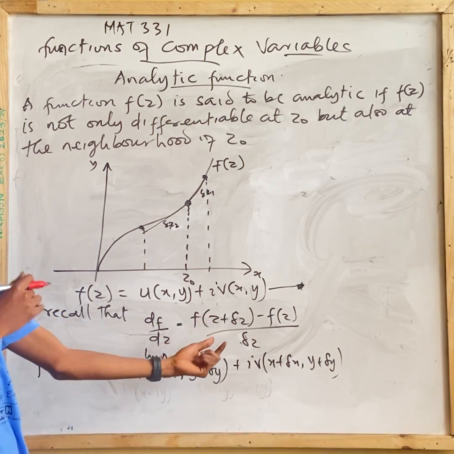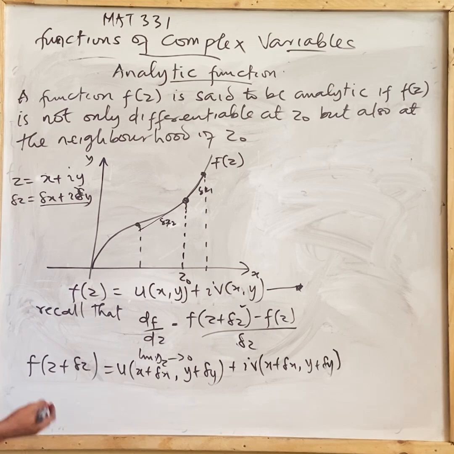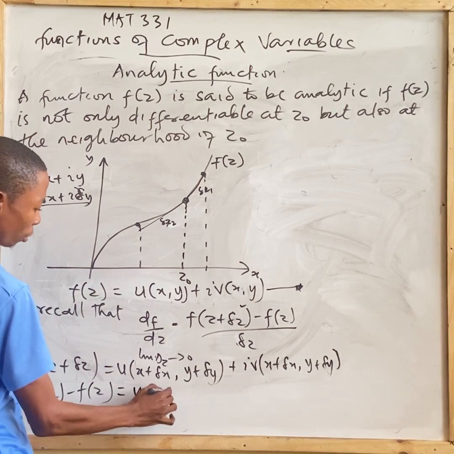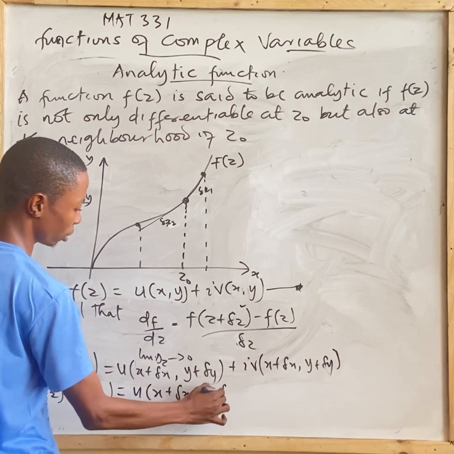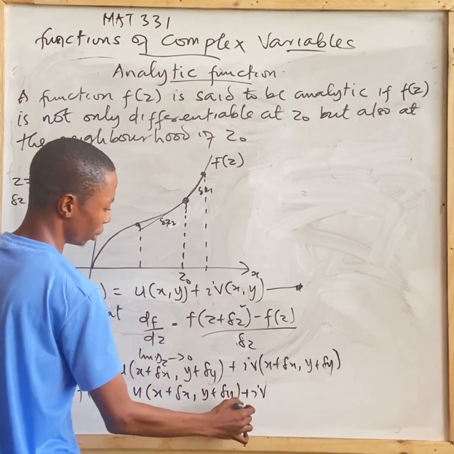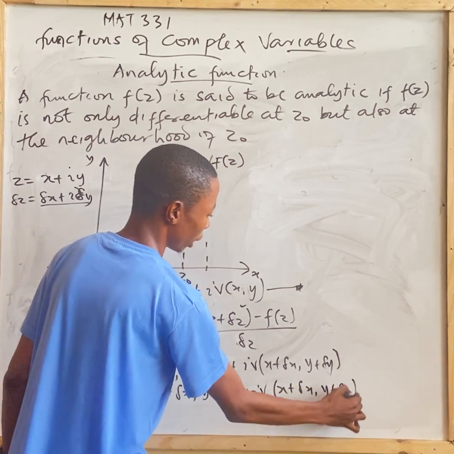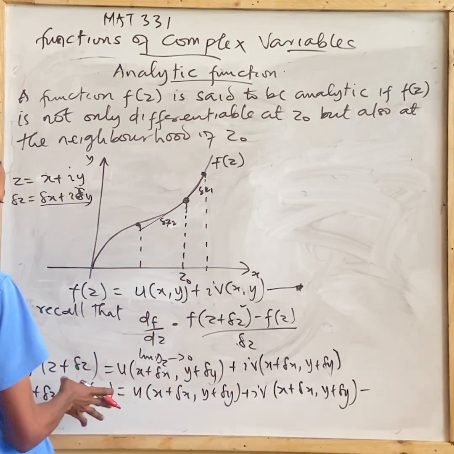Then the second step is that I will subtract f of z from both sides. So we are going to have f of z plus dz minus f of z equals u of x plus dx, y plus dy, plus i v of x plus dx, y plus dy, minus f of z.